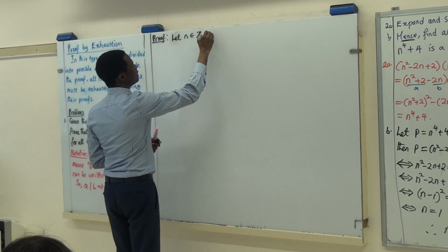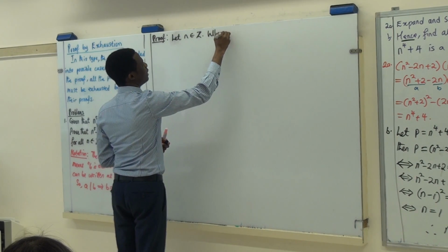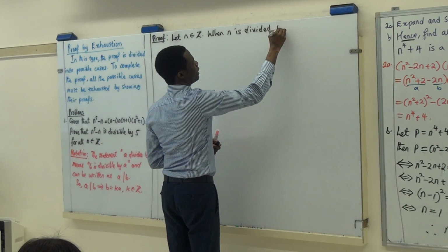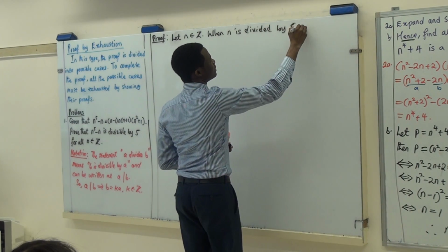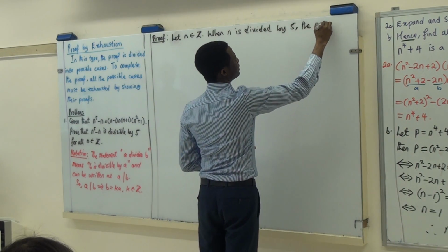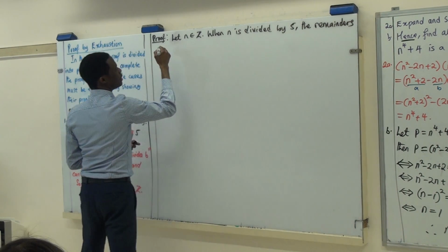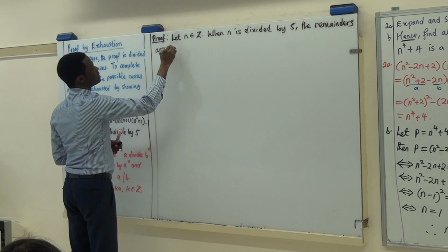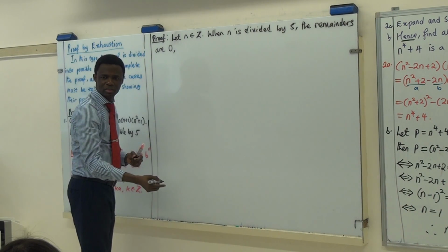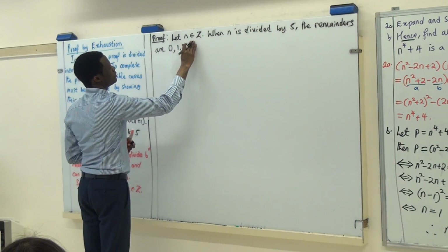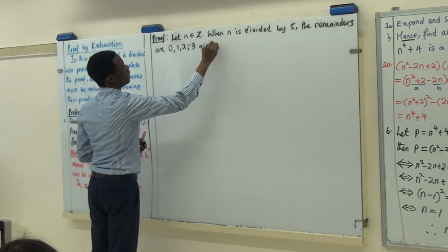Okay? When n is divided by 5, the possible remainders are 0, 1, 2, 3, and 4.